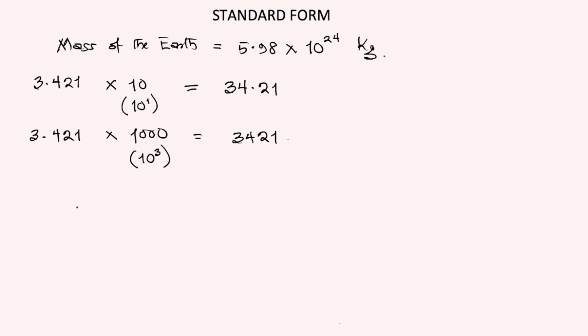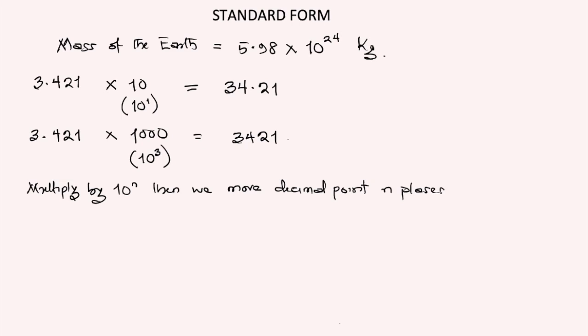Now, if we summarize that, what we're saying is that if we multiply by 10 raised to power n, then we move the decimal point n places to the right.